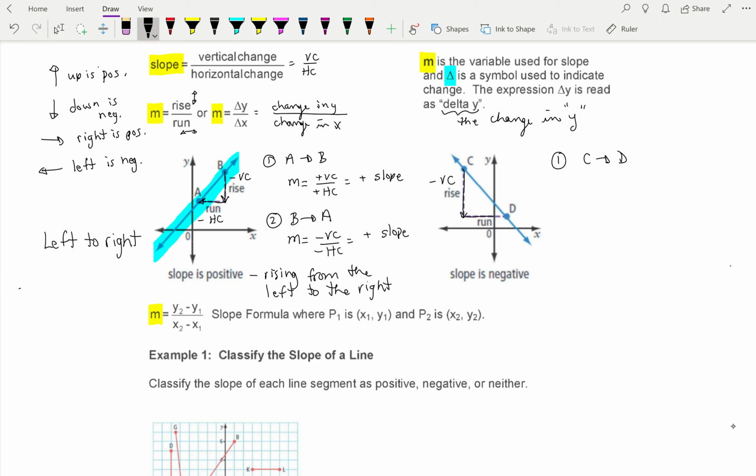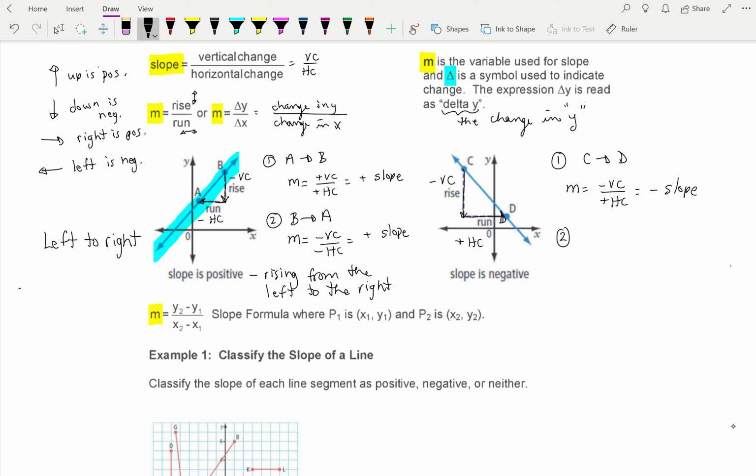And then we're going to go to the right to point D. That's a positive horizontal change. So our slope is a negative vertical change over a positive horizontal change. A negative divided by a positive is a negative. Okay, and so we have a negative slope.